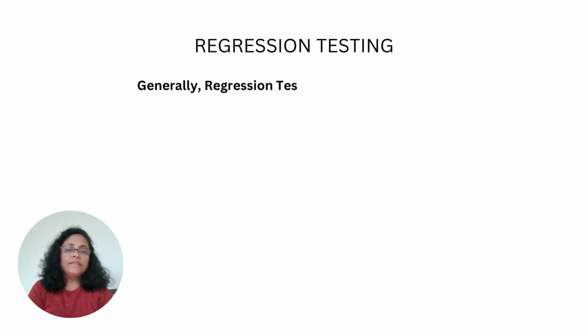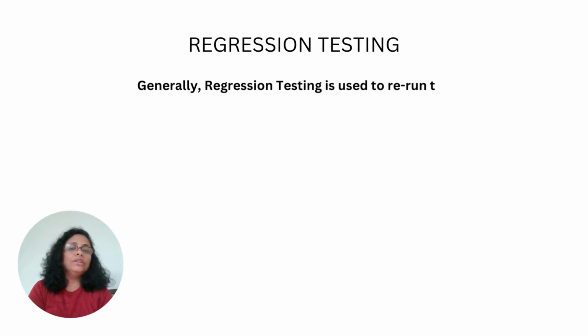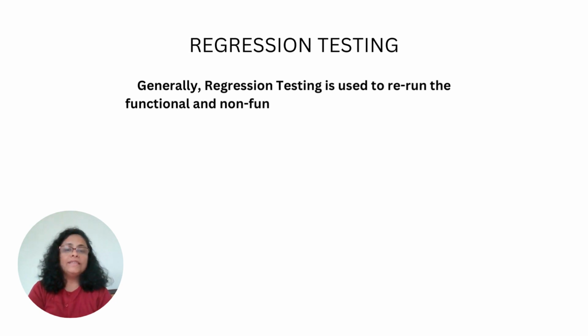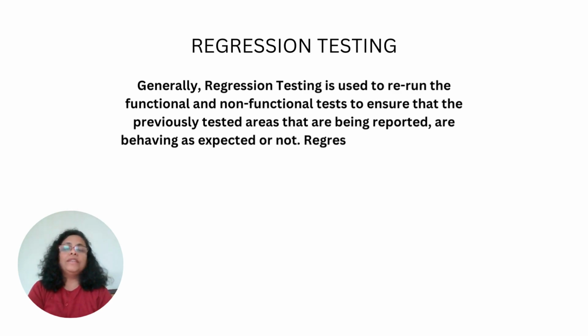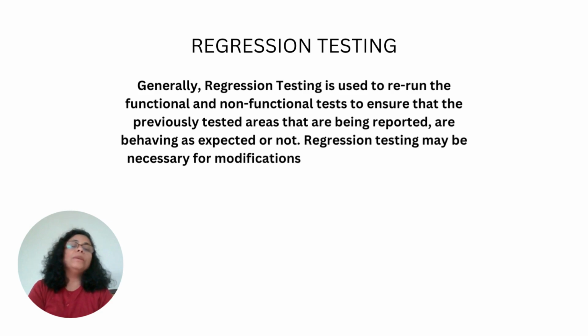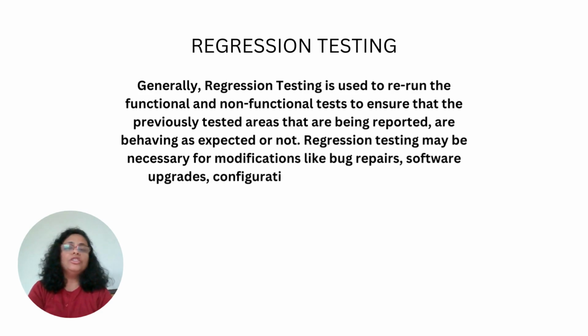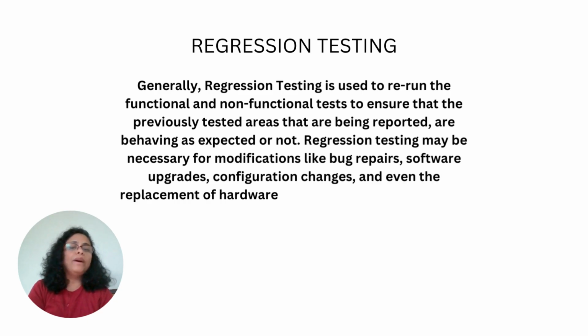Generally, regression testing is used to rerun the functional and non-functional tests to ensure that the previously tested areas are behaving as expected or not. Regression testing may be necessary for modifications like bug repairs, software upgrades, configuration changes, and even the replacement of electronic parts.